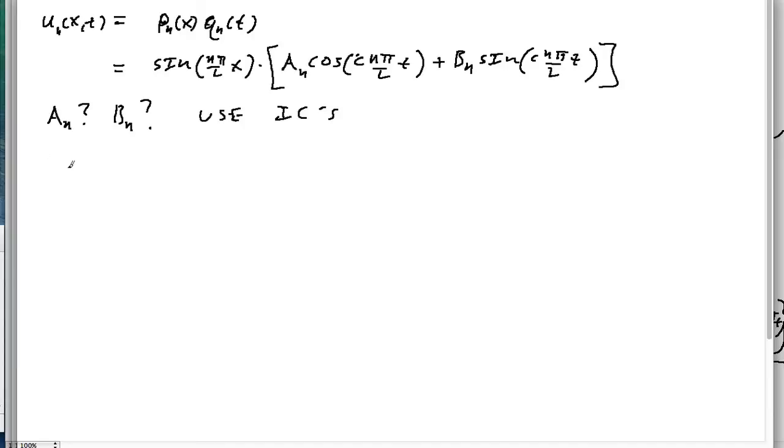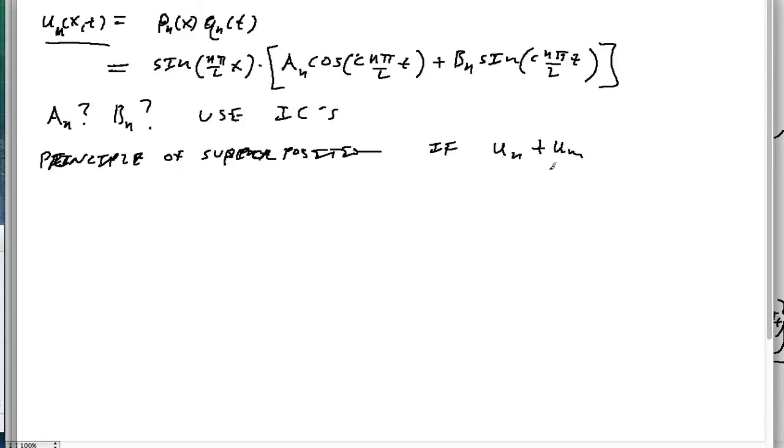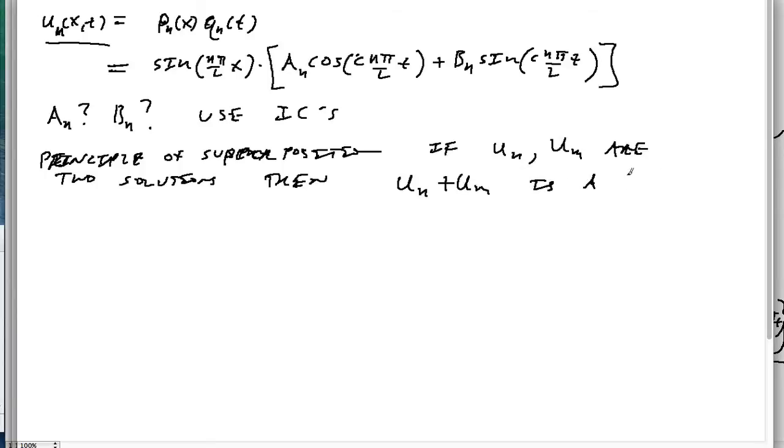We know from before that there's the principle of superposition: if u_n and u_m are two solutions, then u_n plus u_m is a superimposed solution.